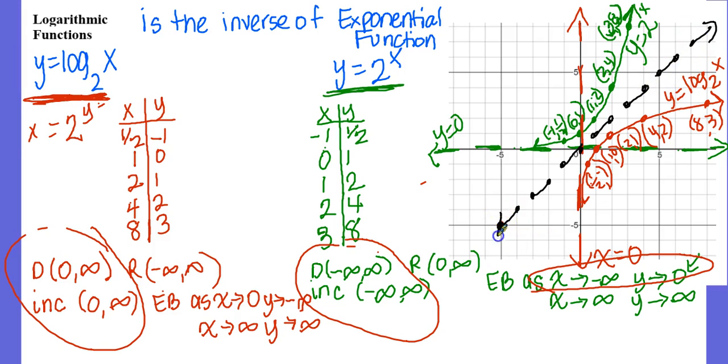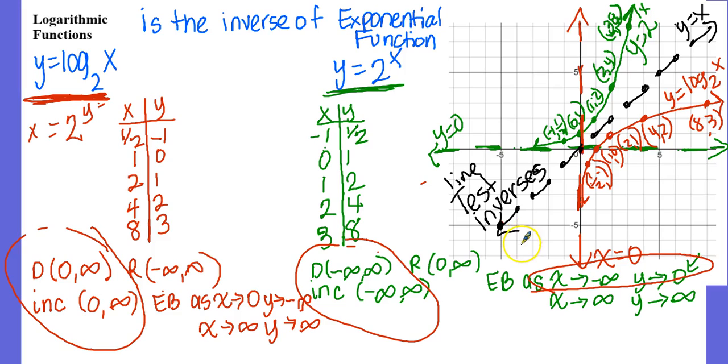You can see across y equals x, because everything x is, y is, that these two graphs are inverses. Graphically, we can see it if they are reflections across y equals x. So this is your test for inverses, or your line test.